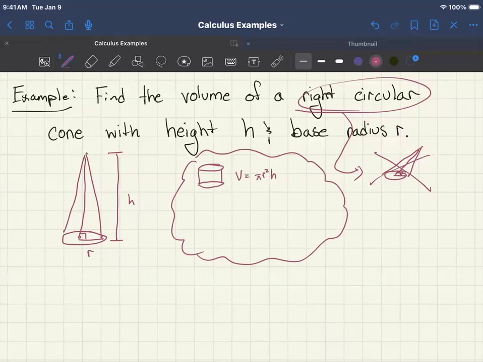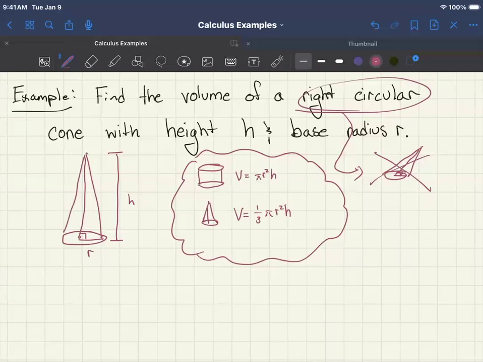So the volume of a cylinder is pi r squared h. The volume of a right circular cone is actually 1/3 of the volume of our cylinder, which is kind of interesting. It's like you chopped off 2/3 of the cylinder, you just kind of willed that away, and all you're left with is this cone in the middle.